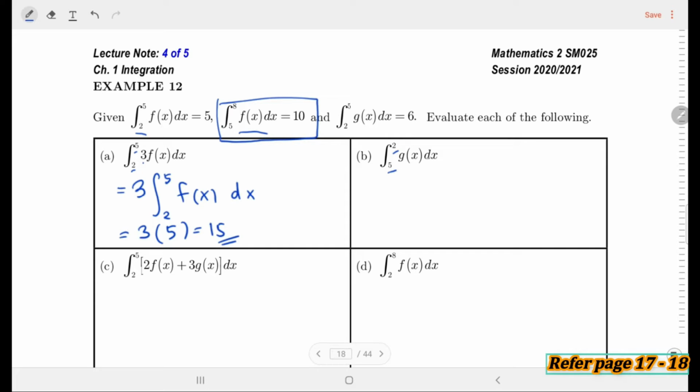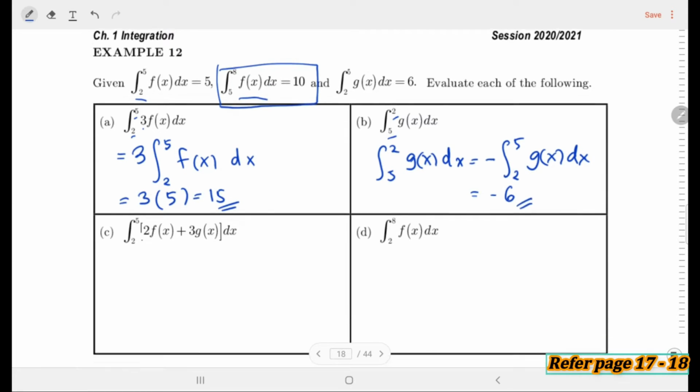The integral from 5 to 2 of g(x) dx equals the integral from 2 to 5 of g(x) dx, but we must put the negative. The integral from 2 to 5 of g(x) dx given in the question is 6, so the answer is negative 6.